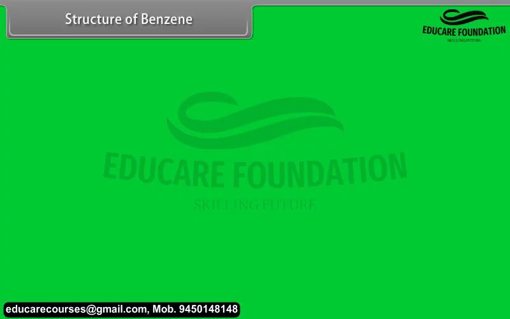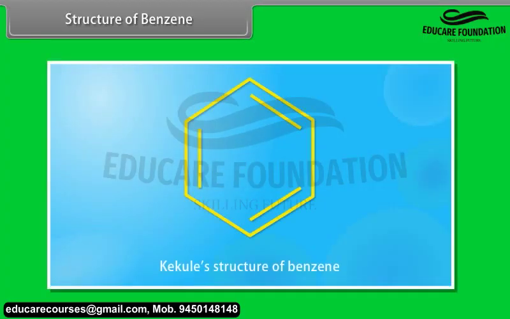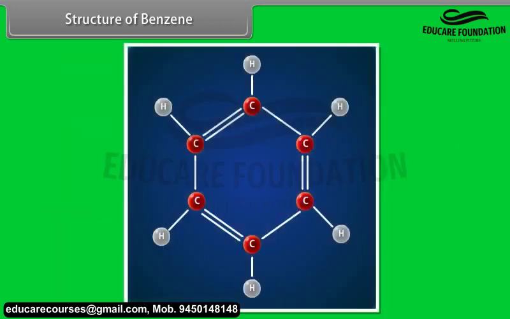Structure of benzene. A chemist, Kekulé, in 1865 suggested the following structure for benzene. According to Kekulé, 6 carbon atoms in benzene are on the 6 corners of a regular hexagon. Each C atom is attached to one H atom.